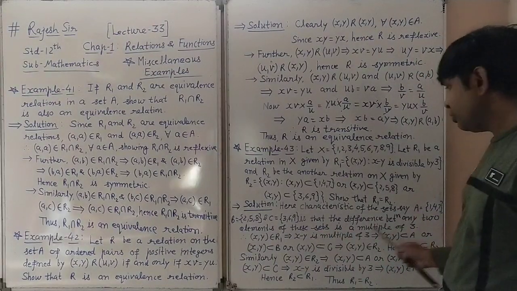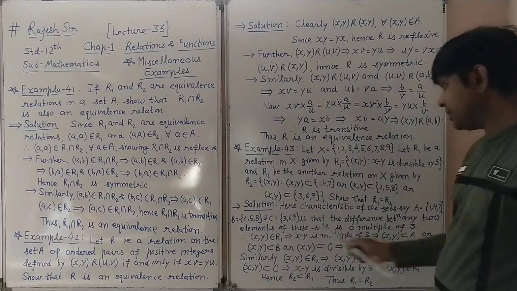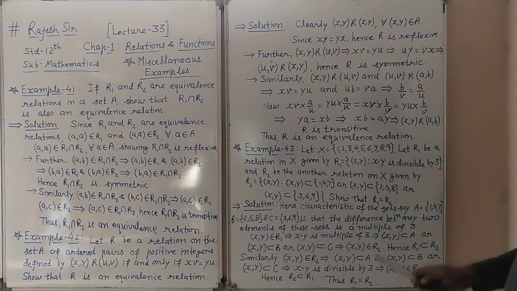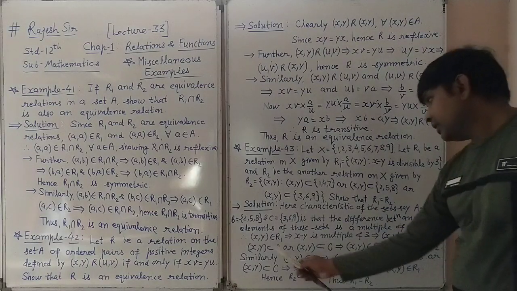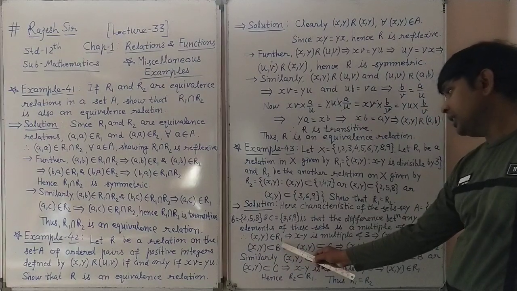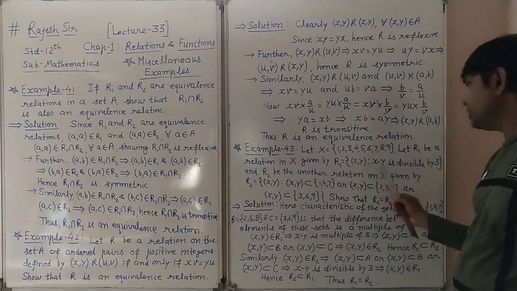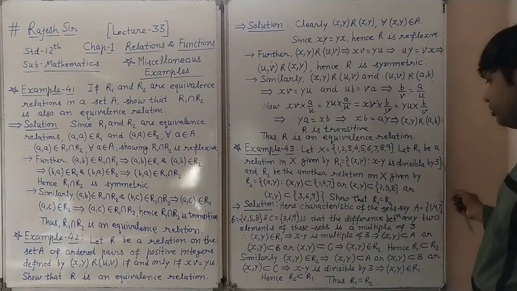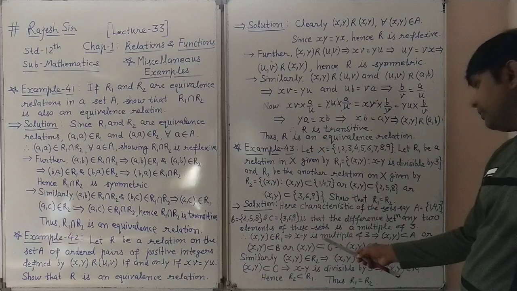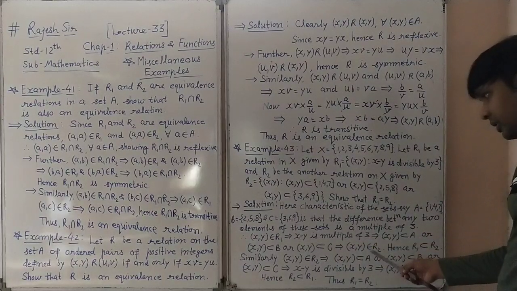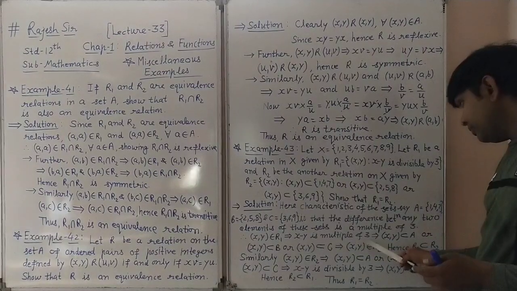So for any two elements in these three given sets, the difference is a multiple of 3. That is the characteristic we have to note here. Now, if (x, y) belongs to R1, then by definition x minus y is divisible by 3, that is, x minus y is a multiple of 3.